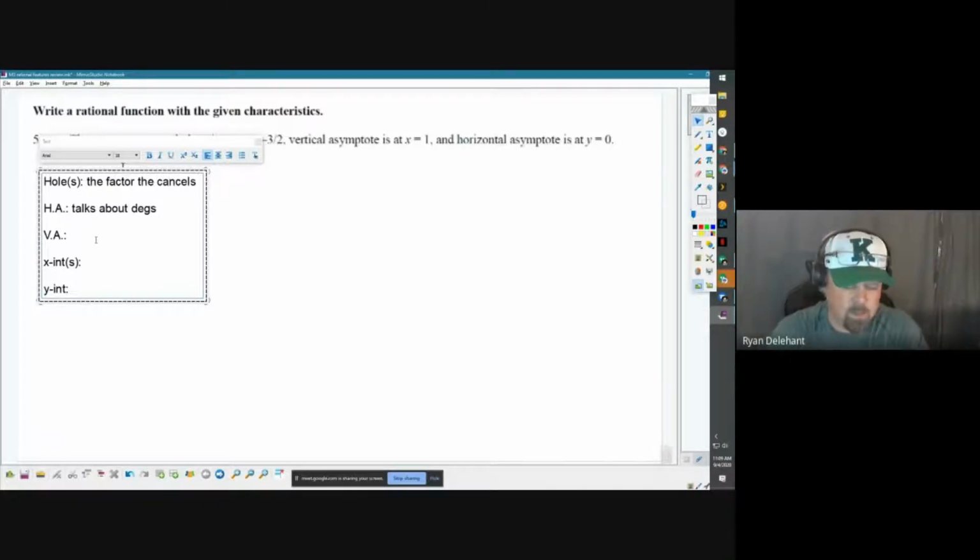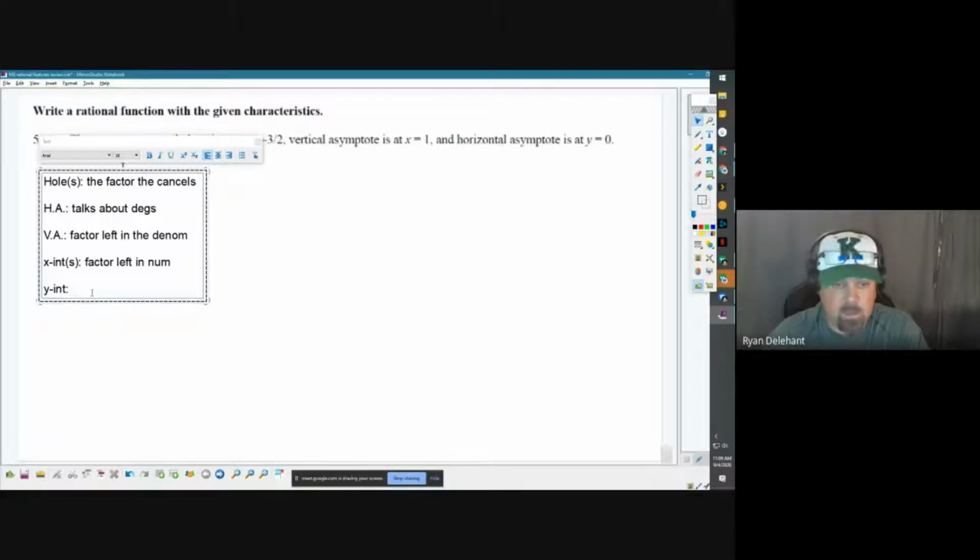Vertical asymptotes. When you found vertical asymptotes, this was the factor that was left in the denominator. X-intercepts were the factors left in the numerator.